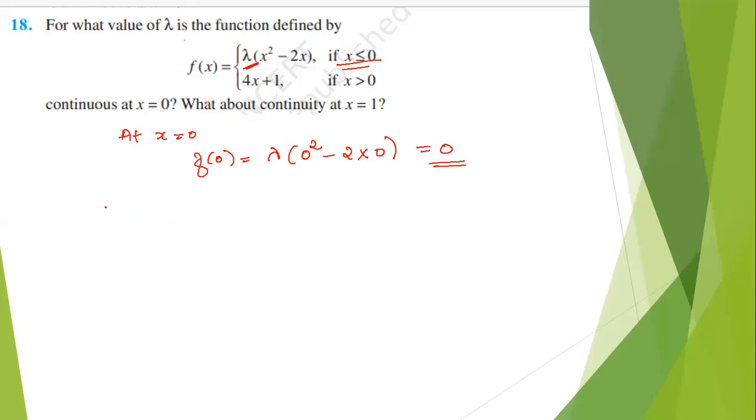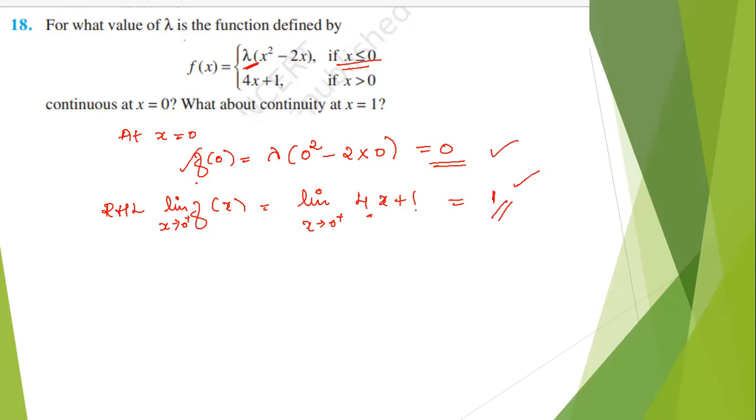Limit x tending to 0 plus f of x will be 4x plus 1. If you substitute 0, here you will get 1, correct? So is our function continuous? Value of the function is not equal to the right hand limit, isn't it? So f of x is not continuous at x equal to 0.